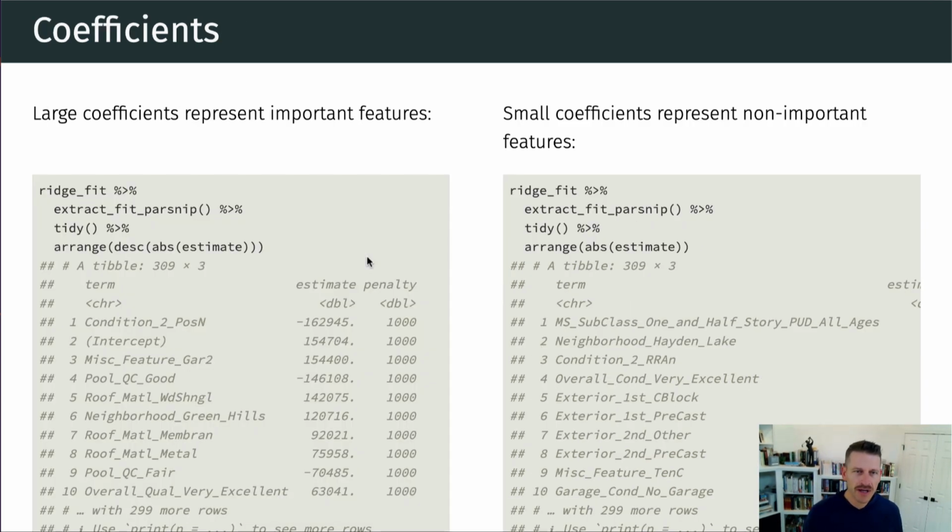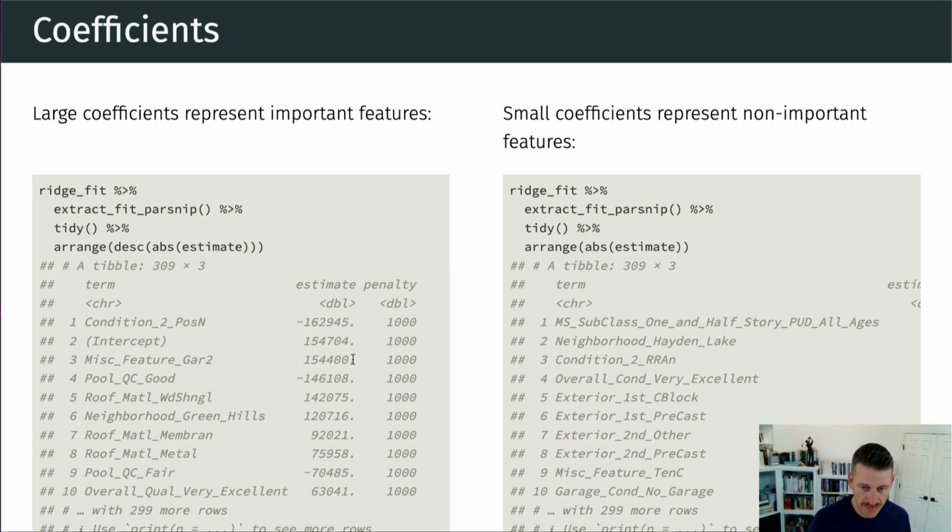Now, if we look at our coefficients a little more closely, we can see that we're going to have some coefficients that are extremely large. Here we extract our coefficients and arrange them in descending order based off of the absolute value of the estimates. We see that we have some coefficients that are extremely large.